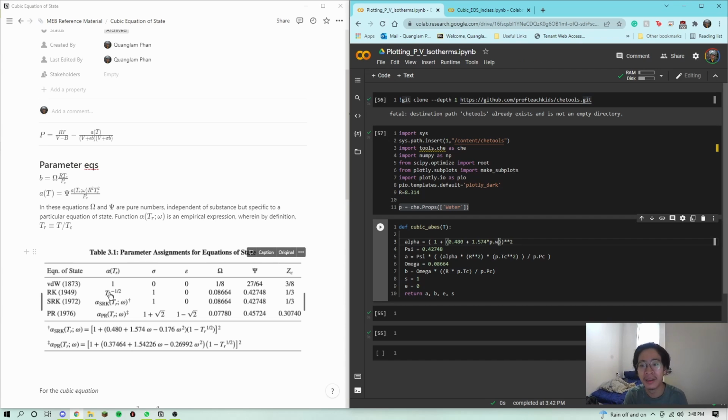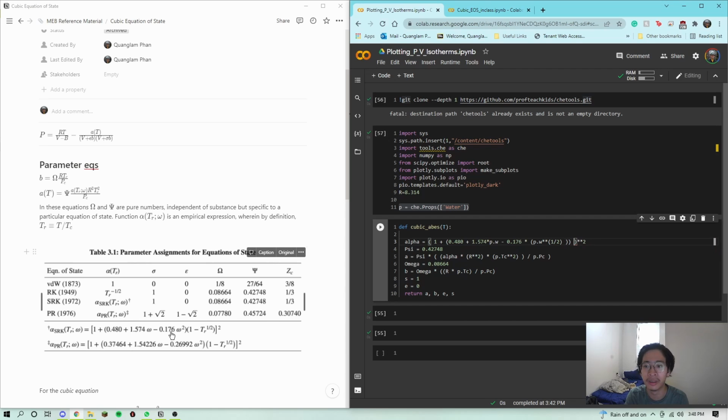Okay, a little bit sidetracked, but next term: 0.176 times the eccentric factor raised to the 1/2 power. Great.